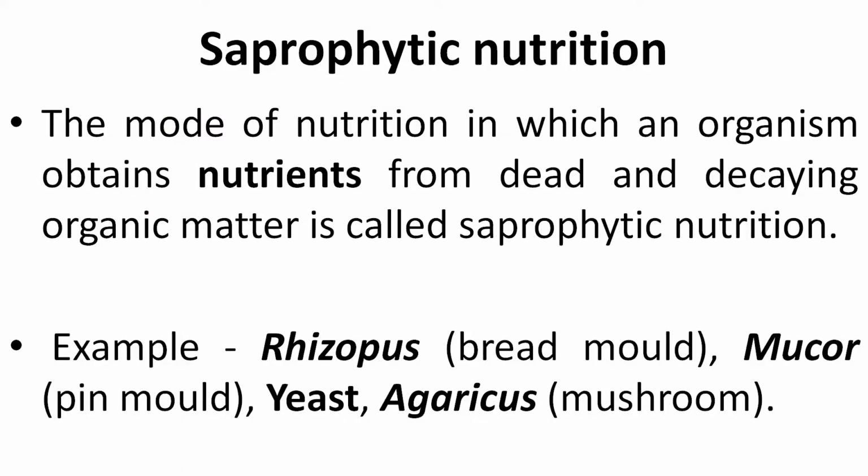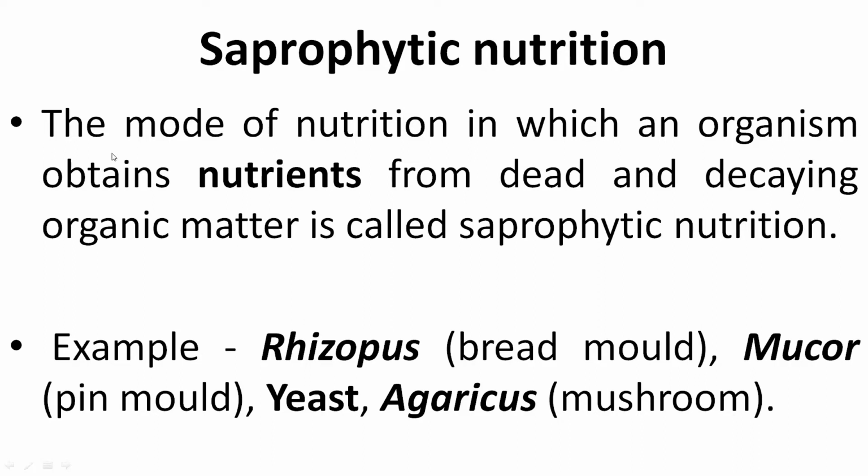development. Now moving to the next nutrition, that is the saprophytic mode of nutrition. See, the mode of nutrition in which organisms obtain nutrients from dead and decaying organic matter is called saprophytic nutrition.